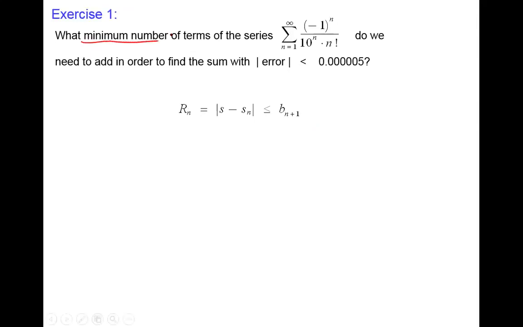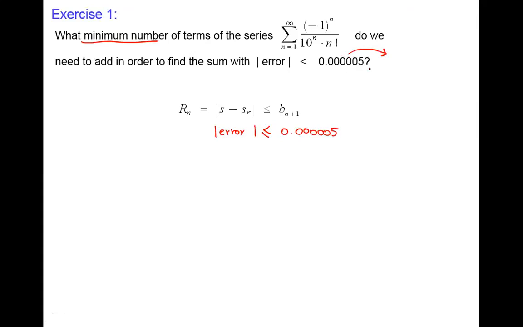So we have to find a term, and I want this error to be less than 0.000005. Actually, I will change this number because it is not telling me much and we don't have a calculator to support ourselves.